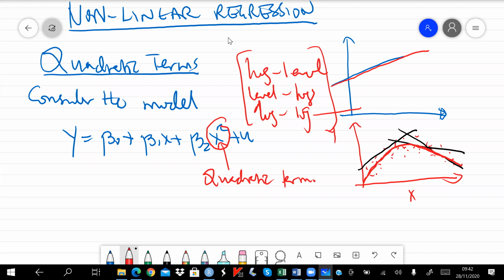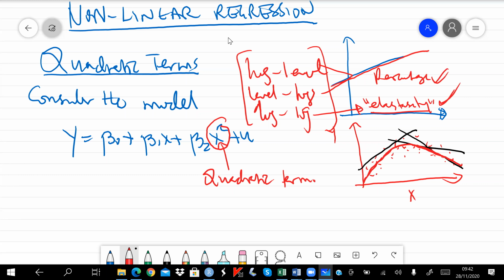If you have a log-log model, the interpretation is in terms of elasticity, which is a common term in economic data. Then when you have log-level, we talk about the percentage. So that's the difference between these two. You find that these interpretations are simple and straightforward.